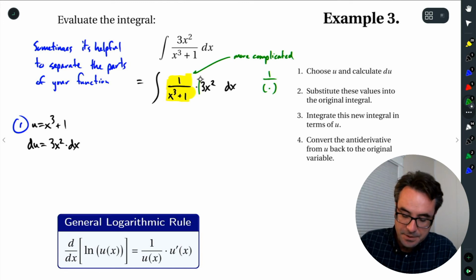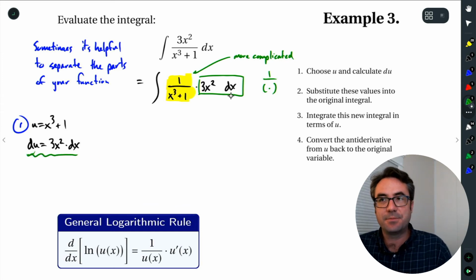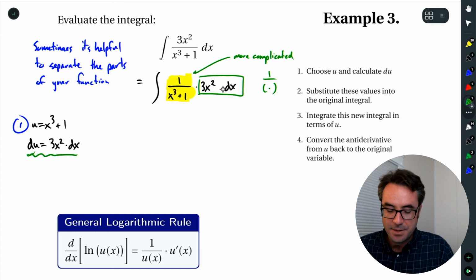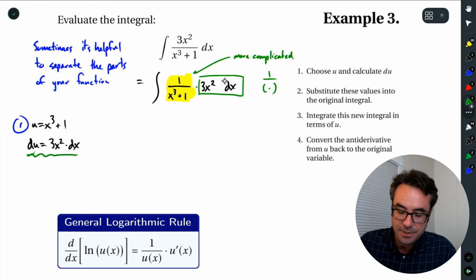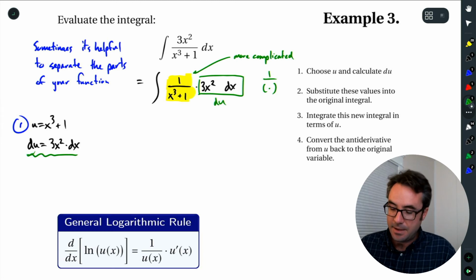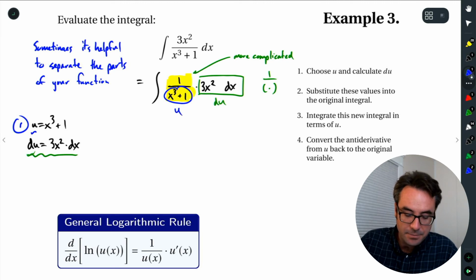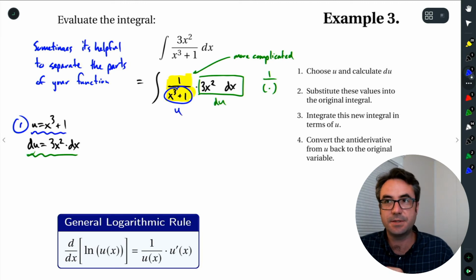For instance, the 3x squared dx is a perfect match. It doesn't always happen, but here we see a perfect match, and this is going to become du. And the x cubed plus 1 down here is going to become u, precisely because that's how we chose u.